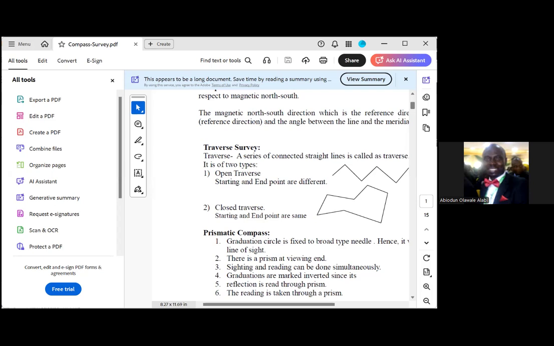So pacing, you pace with your leg, and the distance when you stretch your two legs apart is what we call pacing. The distance between your legs is actually about 80 centimeters. But a single pace is approximated to be 1 meter, which is 100 centimeters.